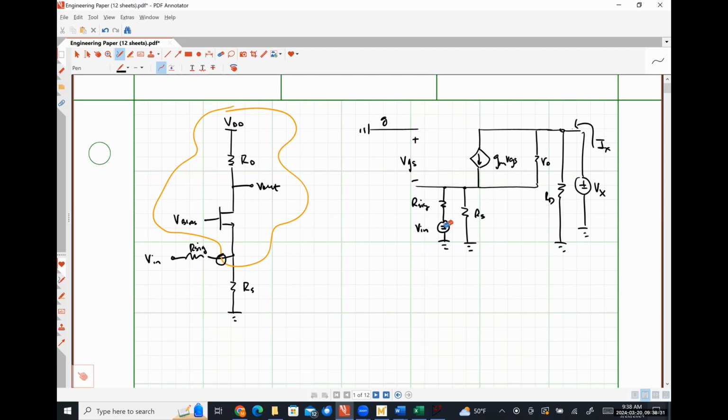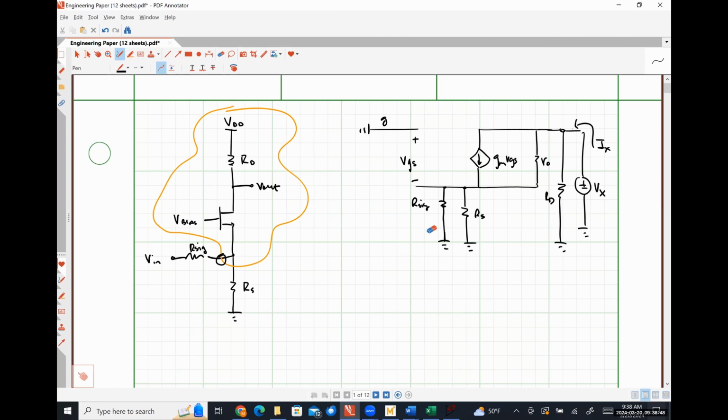When we short out that input voltage, because we're trying to find the output resistance of the network, VGS is no longer 0, which means the output resistance is no longer just going to be r naught in parallel with RD.